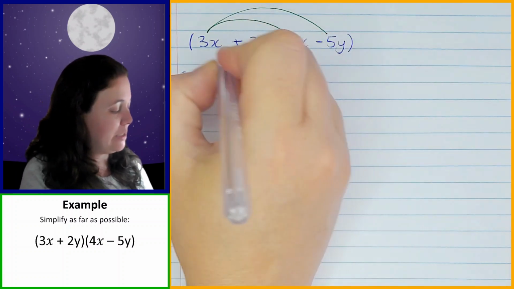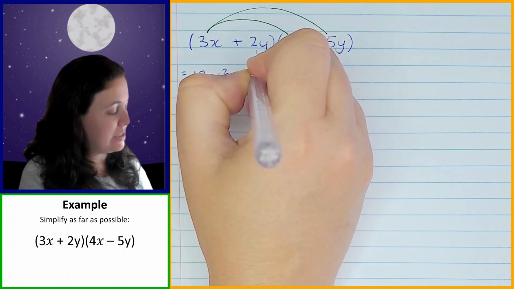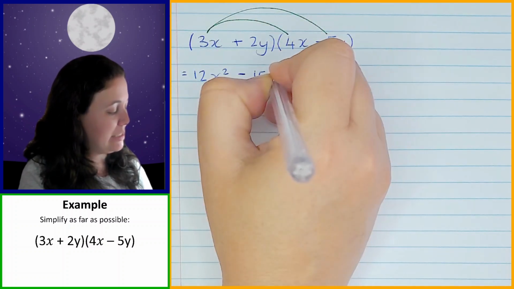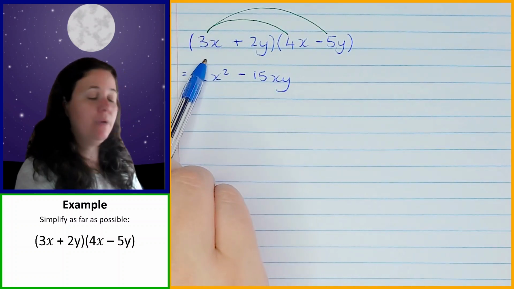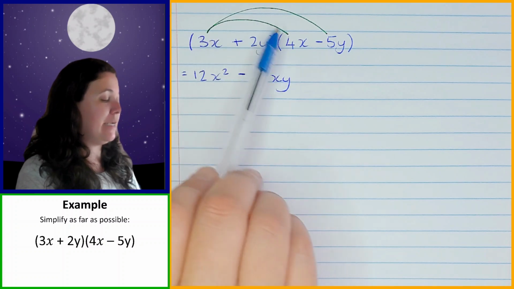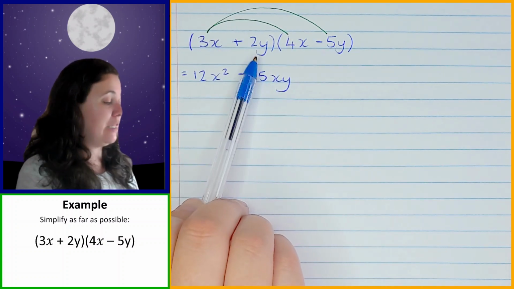So that's going to be 3x times negative 5y, which is negative 3 times 5 is 15, and x times y is xy. Now I've finished multiplying this first term in the first set of brackets by each term in the second set, so I'm done with that one. Now I go on to the next term in that first set of brackets.